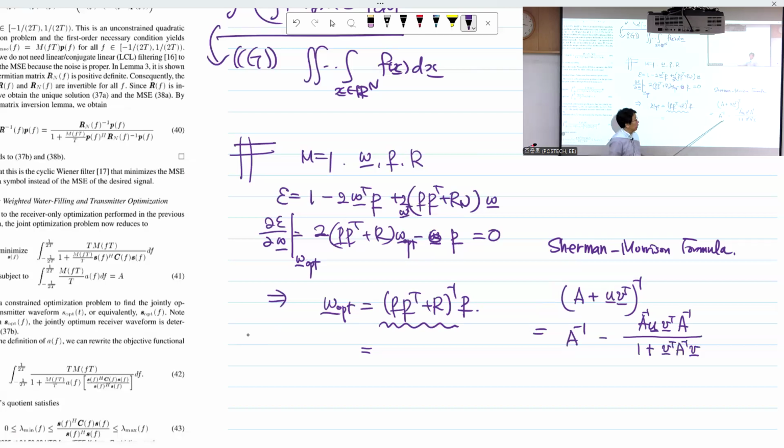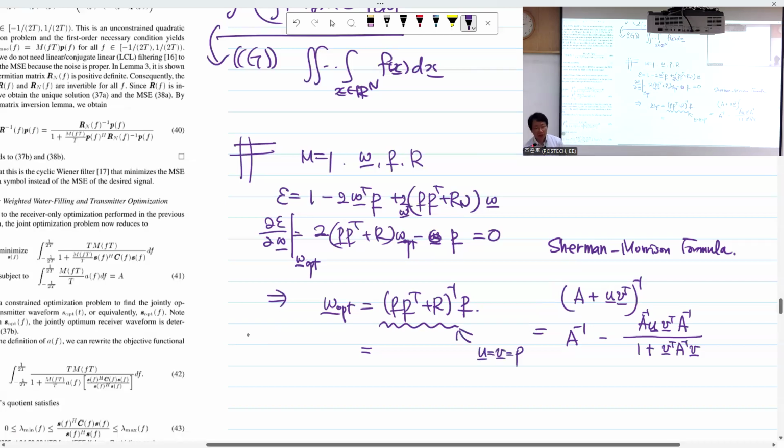You just multiply this one with the argument here, A plus UV transpose. Then if you get the identity matrix, that is true. If it is not, some part is wrong. I'm not sure. You'll find it. Got it? And here, it is even simpler. U equals V equals P, right?